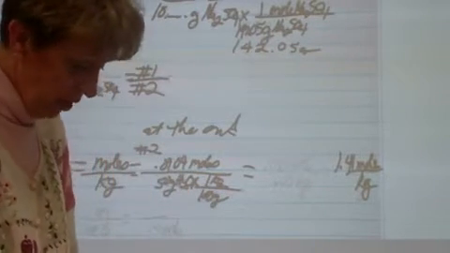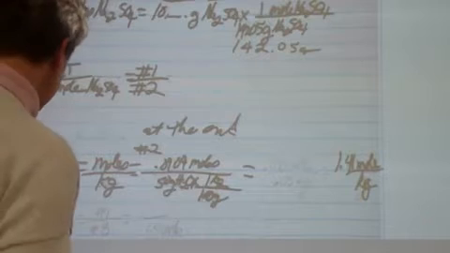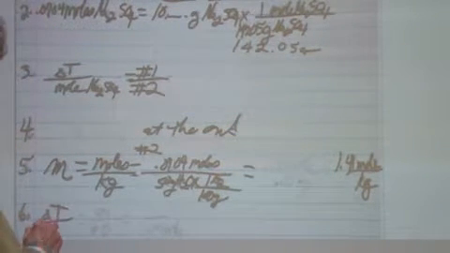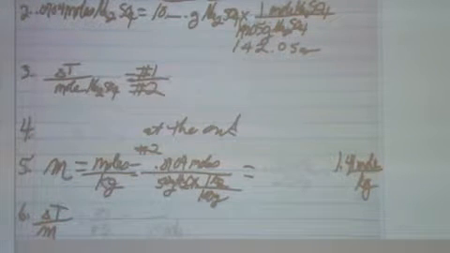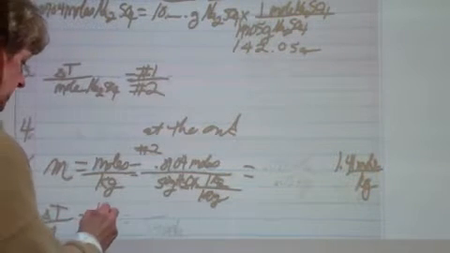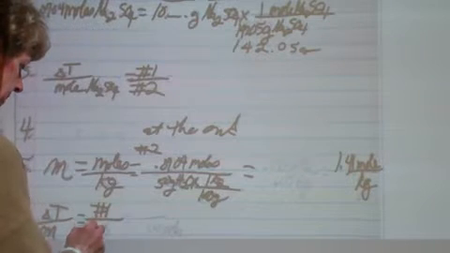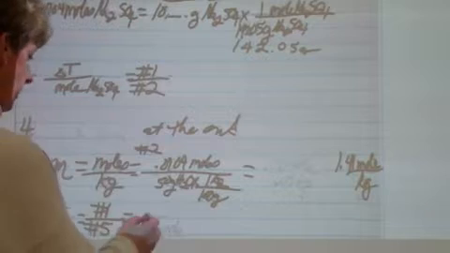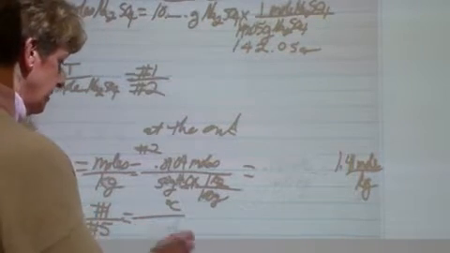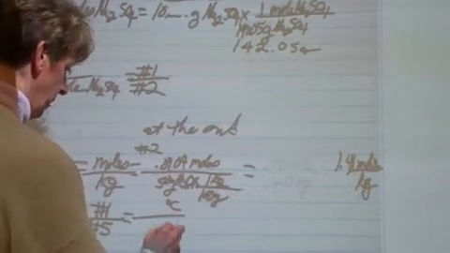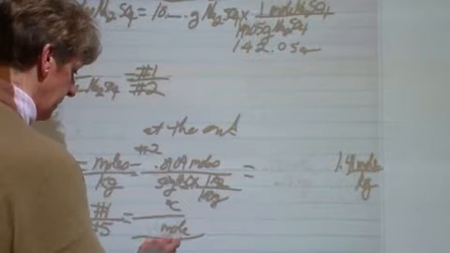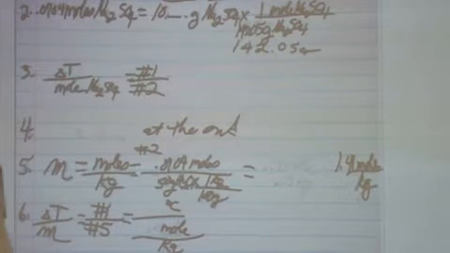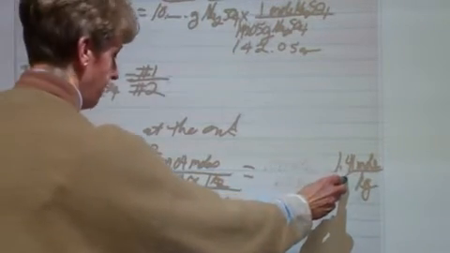I'm doing calculation 6 now. What is the temperature change per molal? The temperature change per molal. So take your answer to number 1 and divide it by your answer to number 5. And what will our label be? Well, it'll be degrees Celsius over moles per kilogram. It's a double label there in your denominator. Where do you get molality? From number 5.